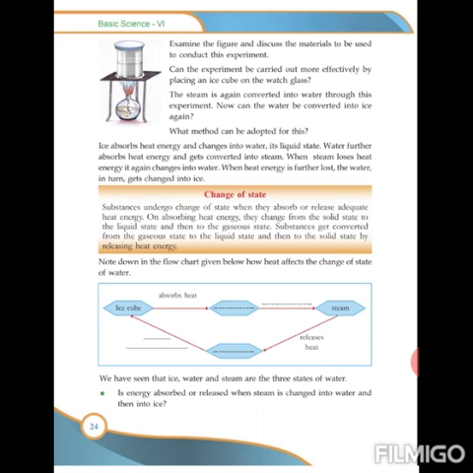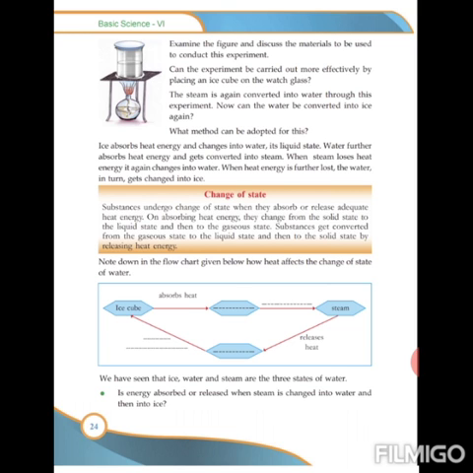Note down in the flowchart given below how heat affects the change of state of water. So here a flowchart is given. So we have to fill it. Now ice cube absorbs heat and it changes to water. Now again water absorbs heat and changes to steam.